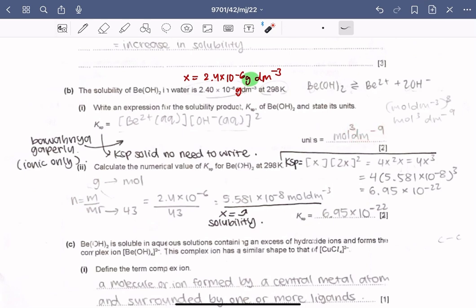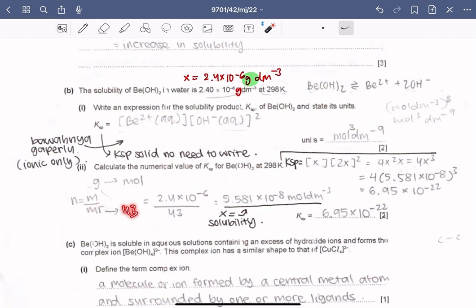Calculate the numerical value of Ksp for Be(OH)2 at 298 K, which is at room temperature and pressure. So first thing you have to do is to convert gram to mole. The formula of mole is equal to mass over Mr, you rearrange it. The Mr of Be(OH)2 is 43.